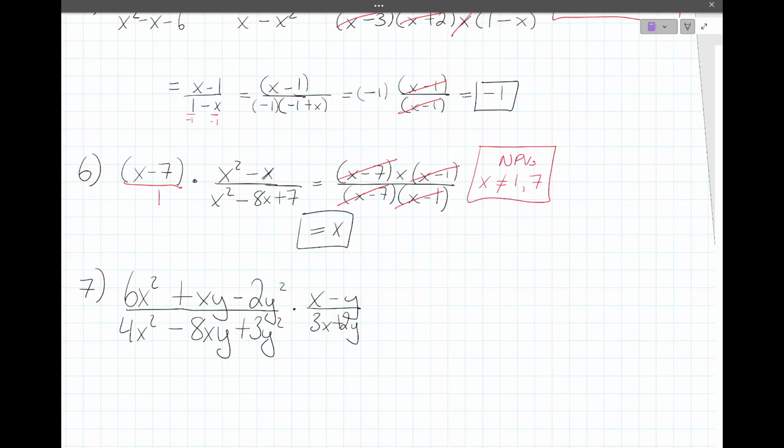And anything that we multiply through, we're going to treat like extra factors, right? So 3x plus 2y. And here, 8x minus 12y over 2y minus 2x.